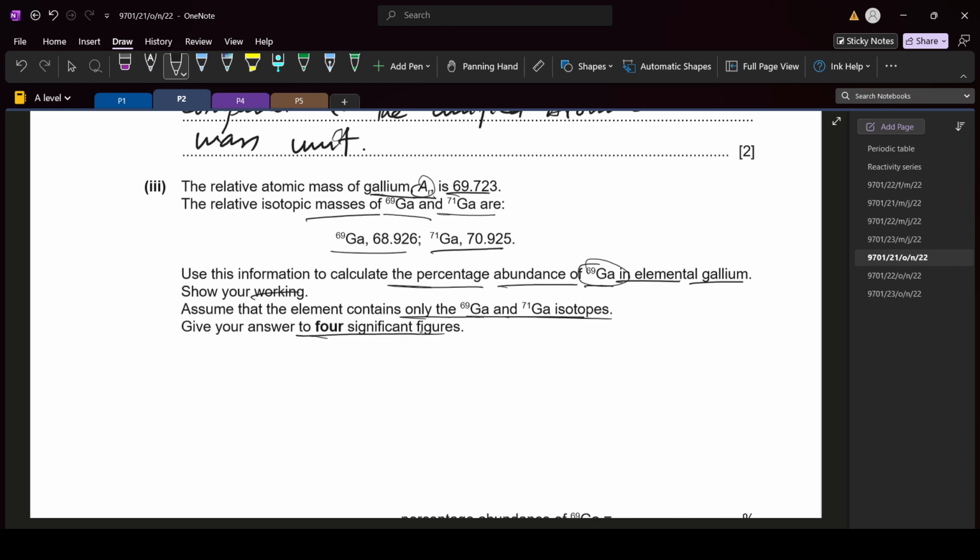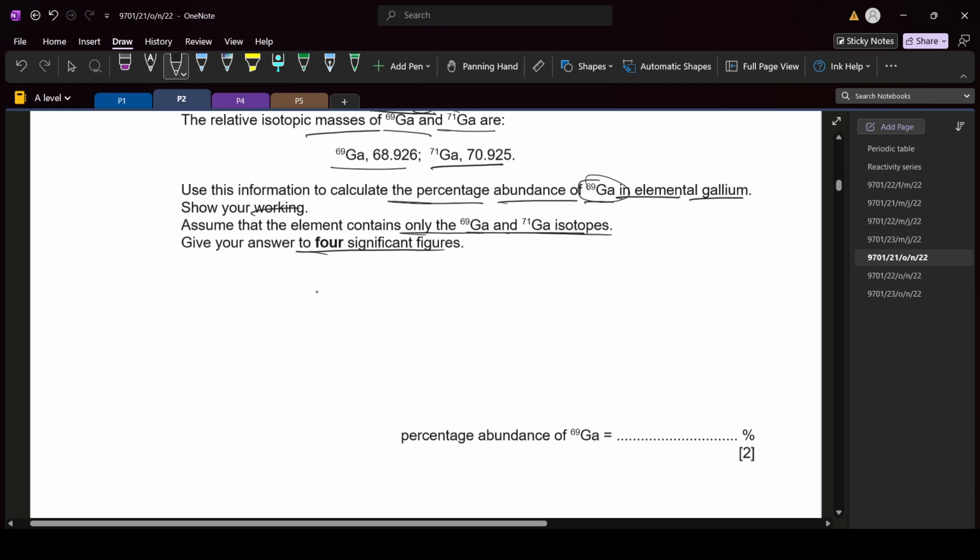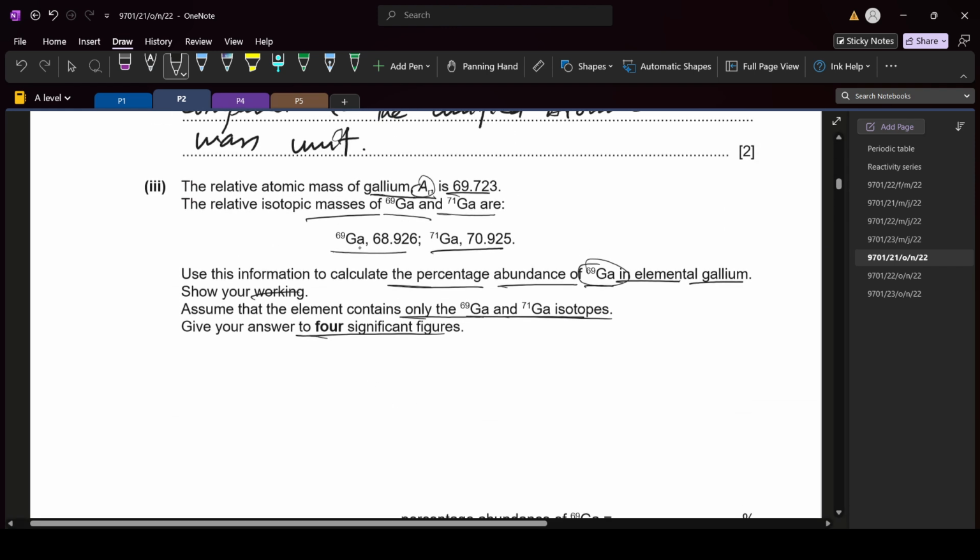Give your answer to 4 significant figures. Now you are given the isotopic masses and a relative atomic mass, so you have to calculate the abundance of gallium 69. I'm writing the abundance of this isotope as x.